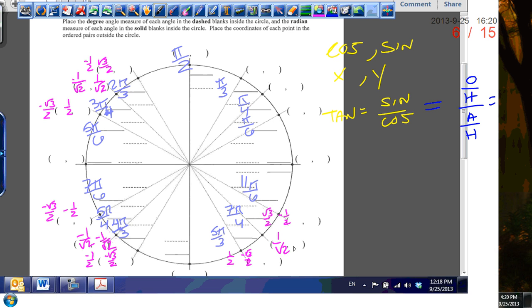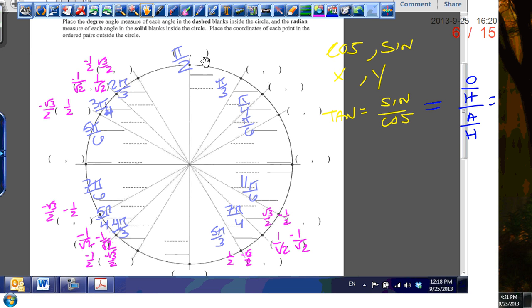So positive 1 over root 2, comma negative 1 over root 2. And then I went back in and did all my radians, so you can write those down. See me if you need help on figuring out which one is which. This is pi over 6, next one pi over 4. Pi over 4 is 45 degrees, 60 degrees is pi over 3, pi over 2, going around like that.